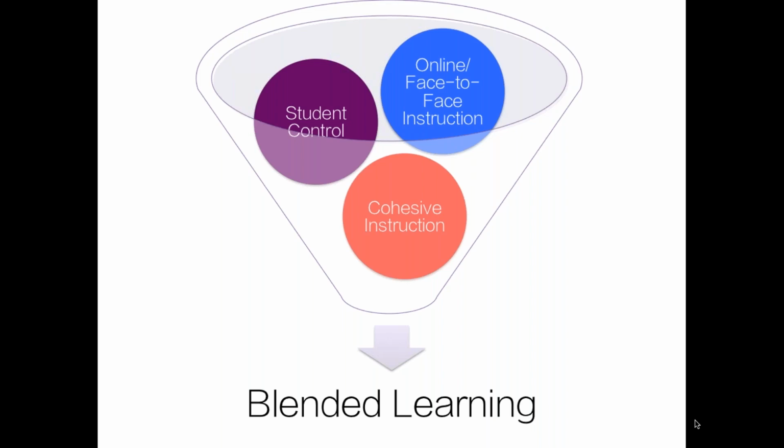The last thing that is important to note about blended learning in regards to its definition is cohesive instruction. The blended approach to instruction must be done in a way that complements one another and not duplicate. In other words, the online and brick-and-mortar location learning should not provide the exact same content.